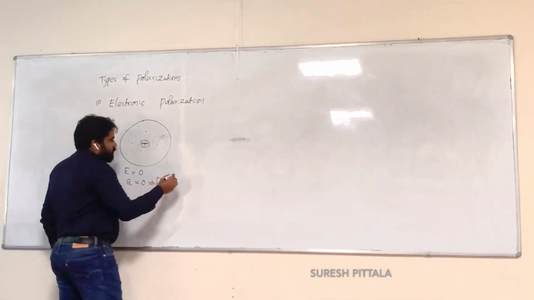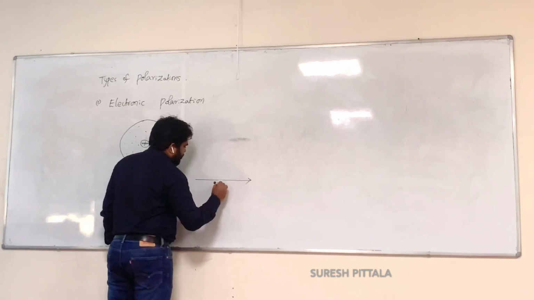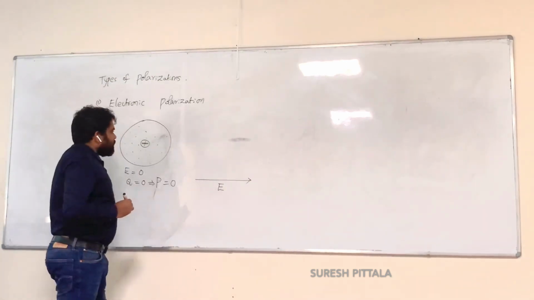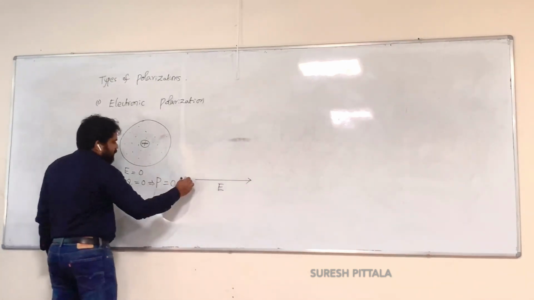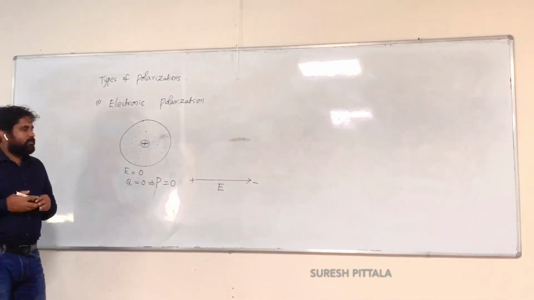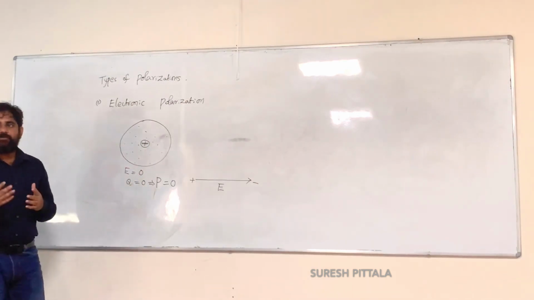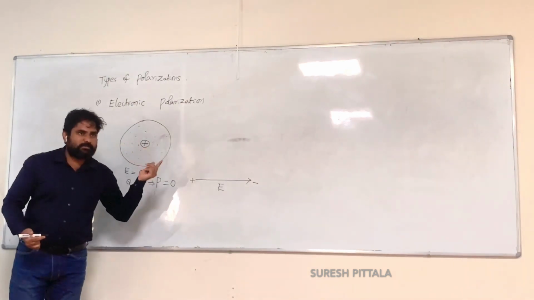Now let us try to apply electric field. Now I apply my electric field. Then what happens? Electric field gives the direction. Therefore, this negative electron cloud, which is easy to move compared to the heavy nucleus. Right?